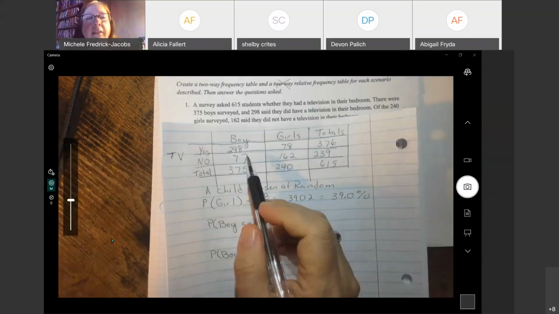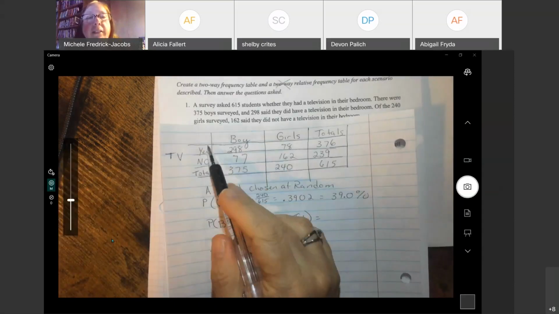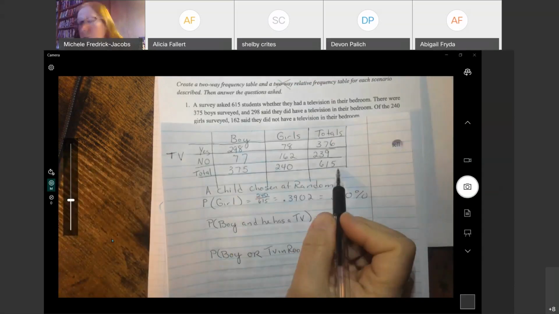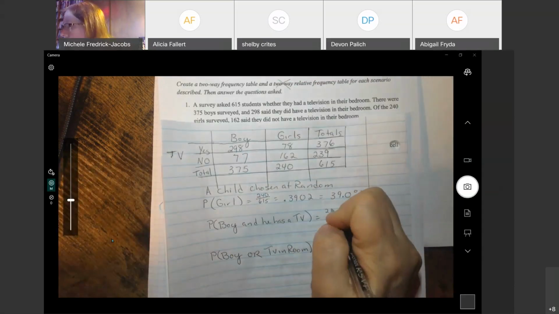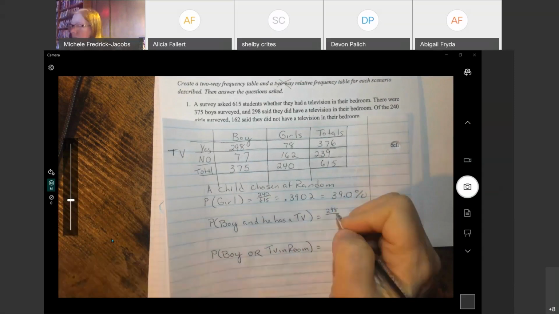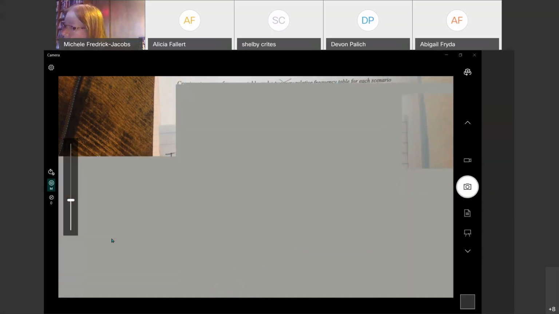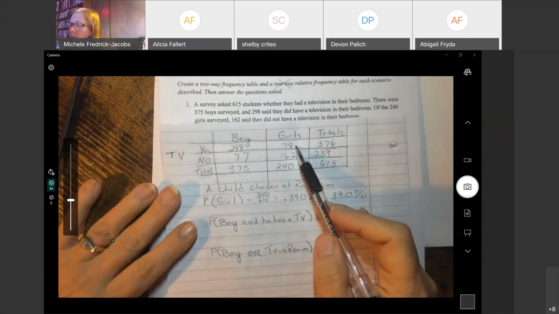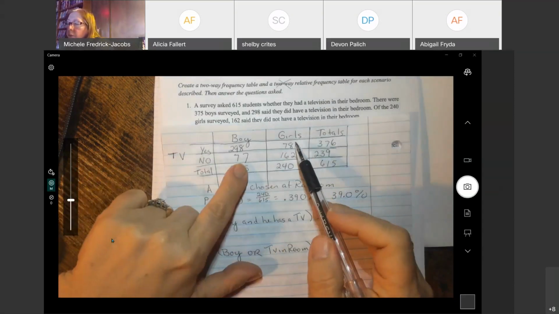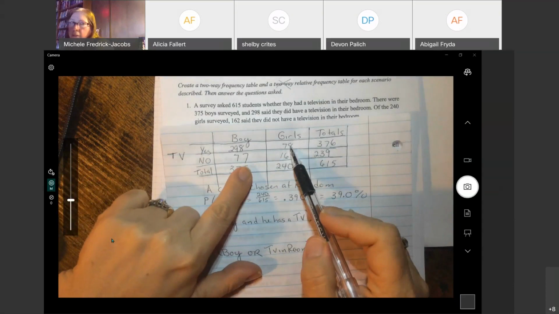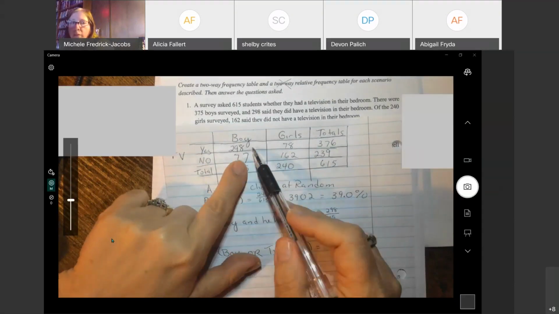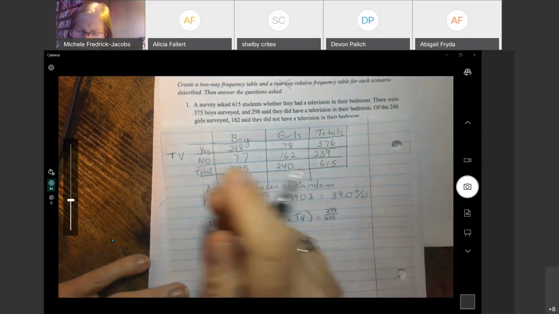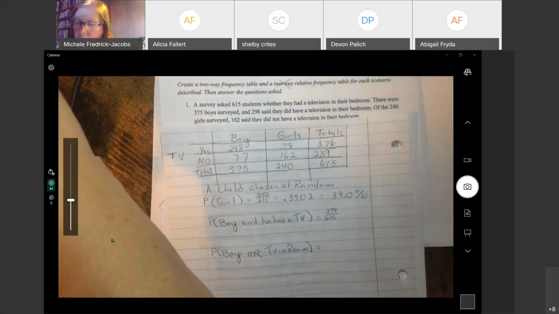Because it's and, it has to be a boy and a TV, so it's only 298 out of the total. Because it has to be both. We don't want to add these two in there because it's a girl and it doesn't have a TV. So it's only this one. And I got 48.5.